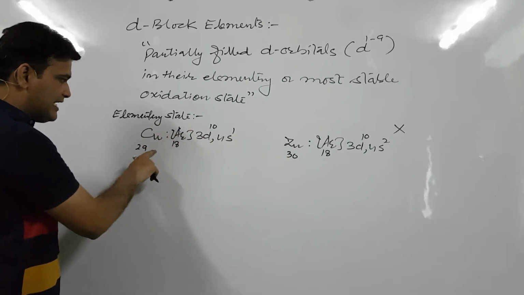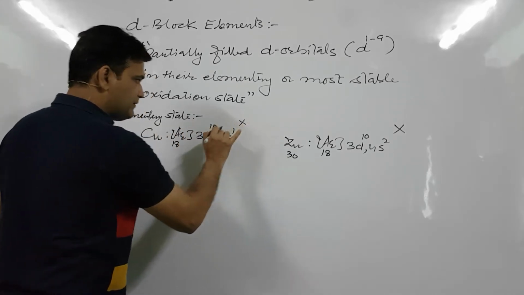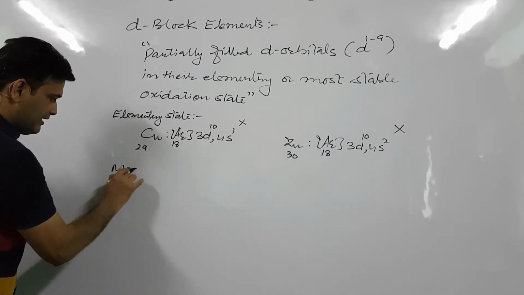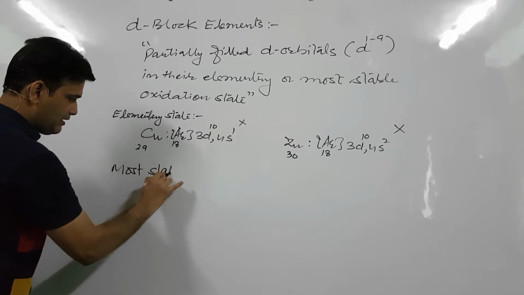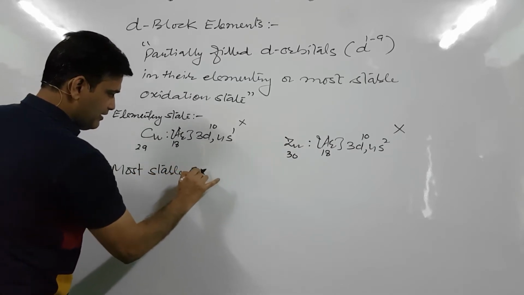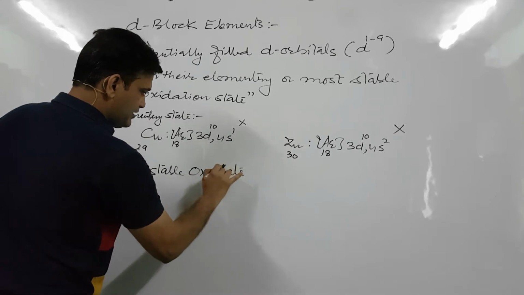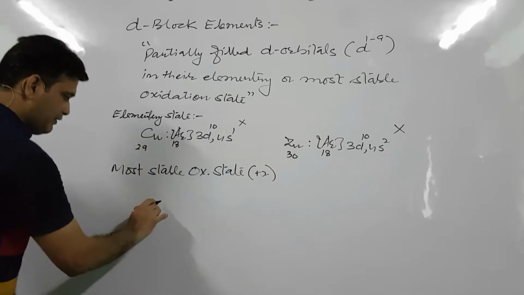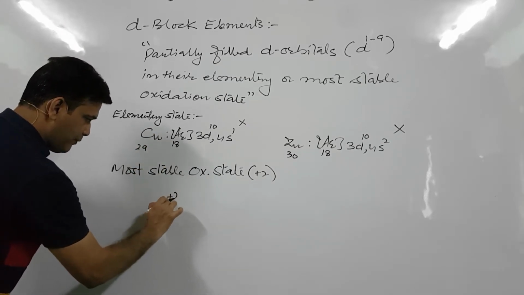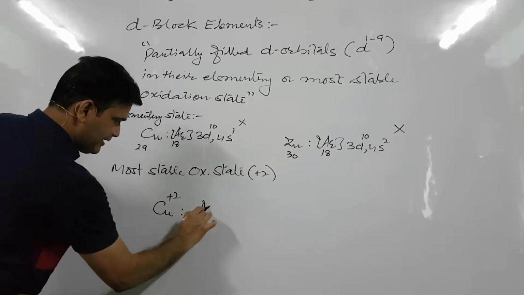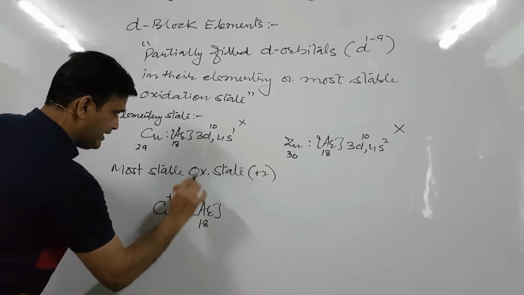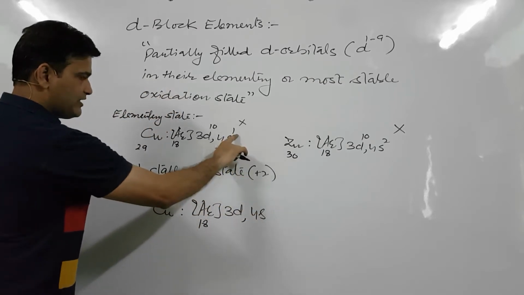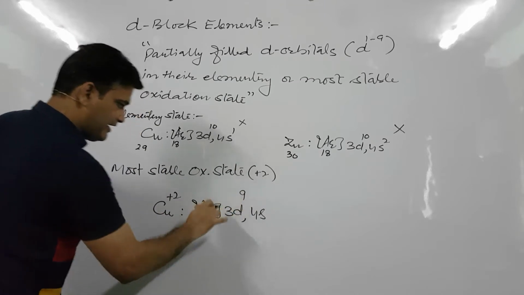And in the elementary state, copper is also not a D block element. But now, in the most stable oxidation state, which is +2 in both the cases, if copper is +2, then its electronic configuration will be 3d, 4s, one electron is removed from here and one from here, d9.